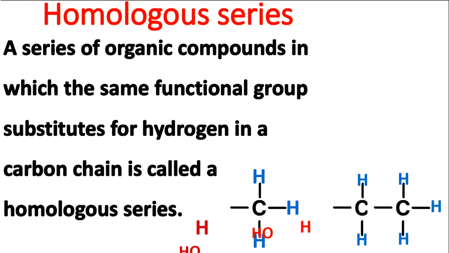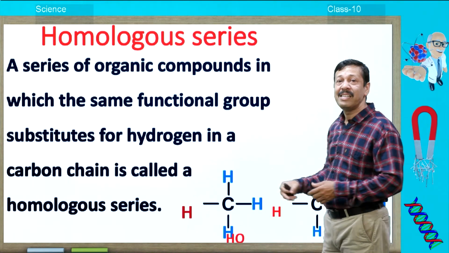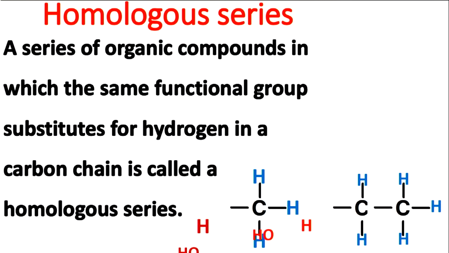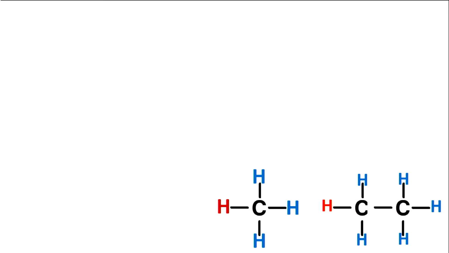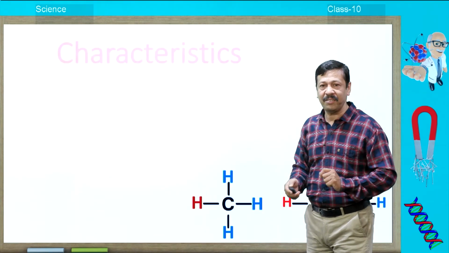What I am doing, I am replacing one hydrogen with the OH. In both the compounds, you are seeing same functional group or group of atoms replacing the hydrogen. What is the difference between these two in terms of hydrogen and carbon? That is a CH2 unit, hence it is very important hint to identify a homologous series.